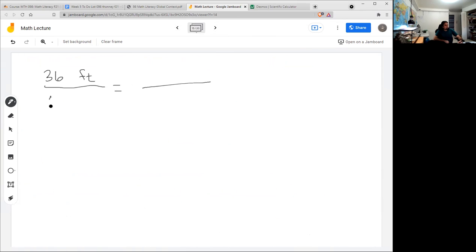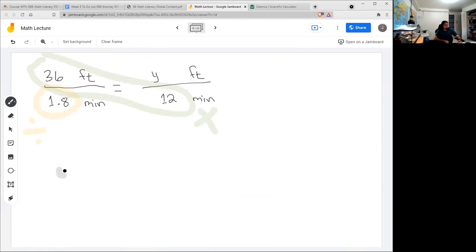There is a shortcut you might have learned where you take the two values that are opposite each other as numbers and multiply those. And then you take the one that's opposite the y and divide by that one.